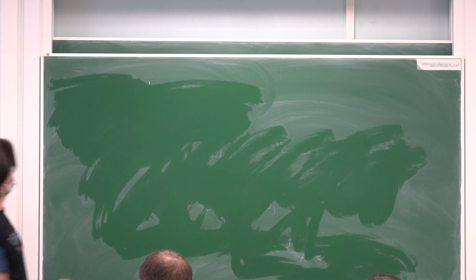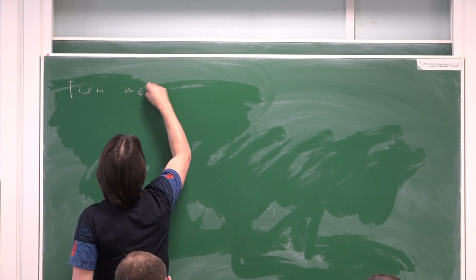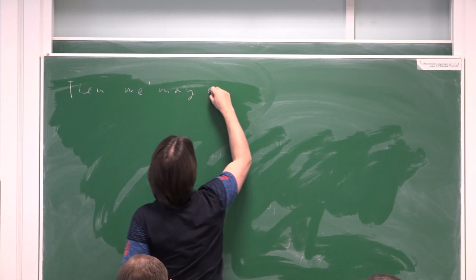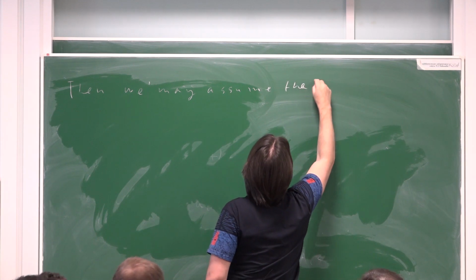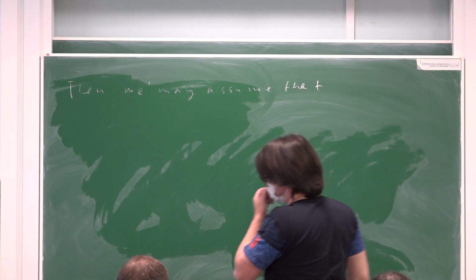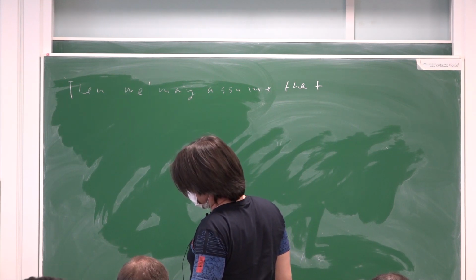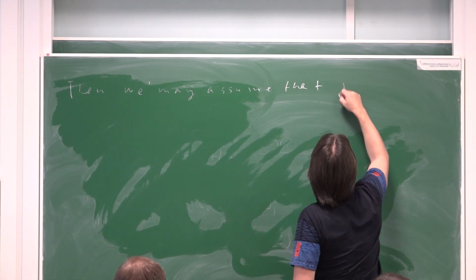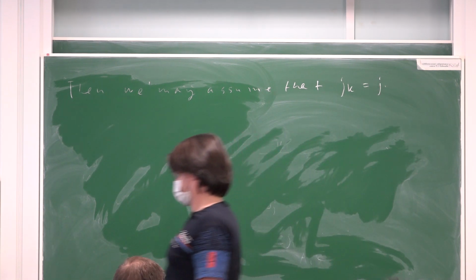Then we may assume that j_k equals j. Why?